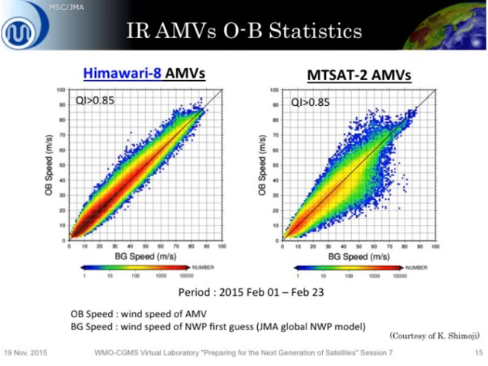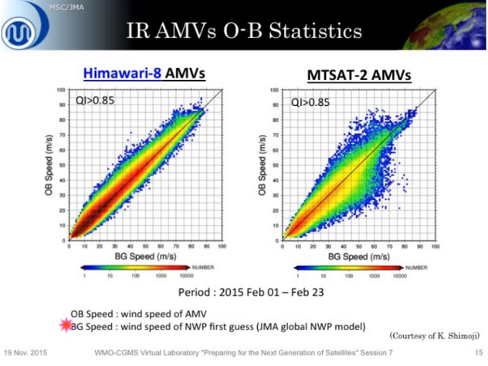This shows so-called O-B statistics of Himawari 8 and MTSAT 2 AMVs. Here, O means retrieved AMVs. We wrote here OB speed. And B means NWP first guess. I wrote here BG speed.